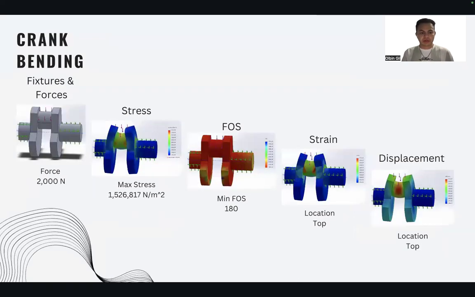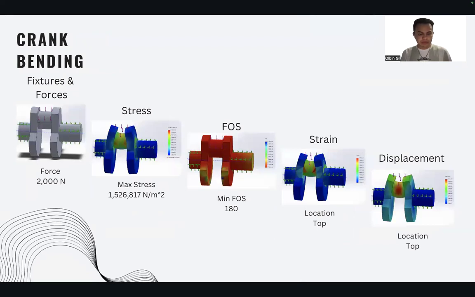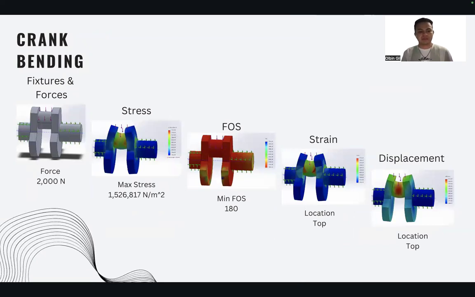And the crankshaft itself, in the vertical position, experiences a force of 2,000 newtons and a max stress of about 1 million pascals, and a really high factor of safety, 180, where a lot of the strain and displacement is happening in the crank pin in the middle and the top part as well.